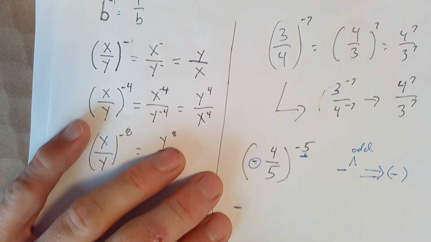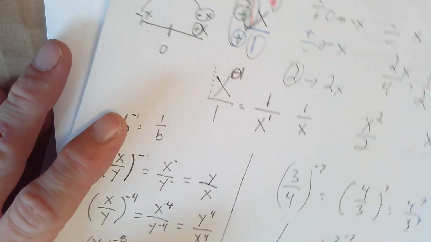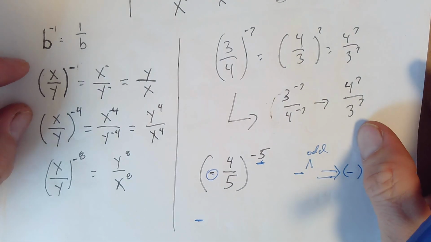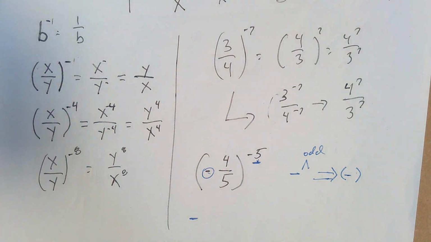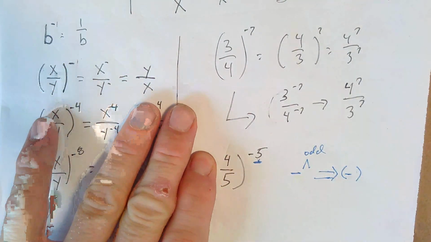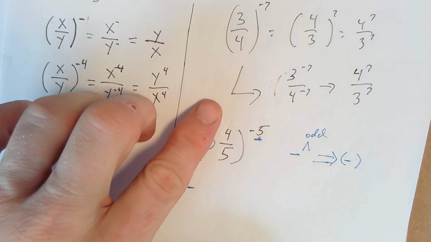Okay? That was this thing, being on the opposite side of the 0. Nothing to do with fraction flipping. Now we can distribute. Now we can kind of ignore the negative sign for a while. We already wrote it down here so we don't forget about it.